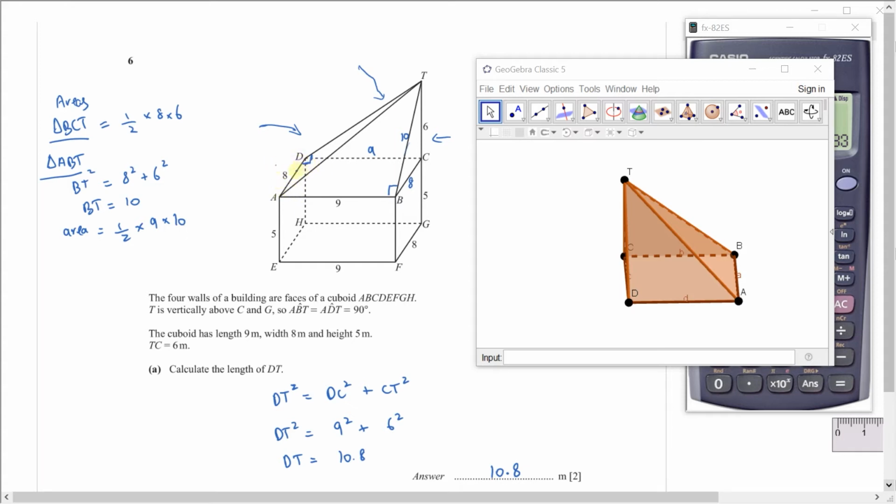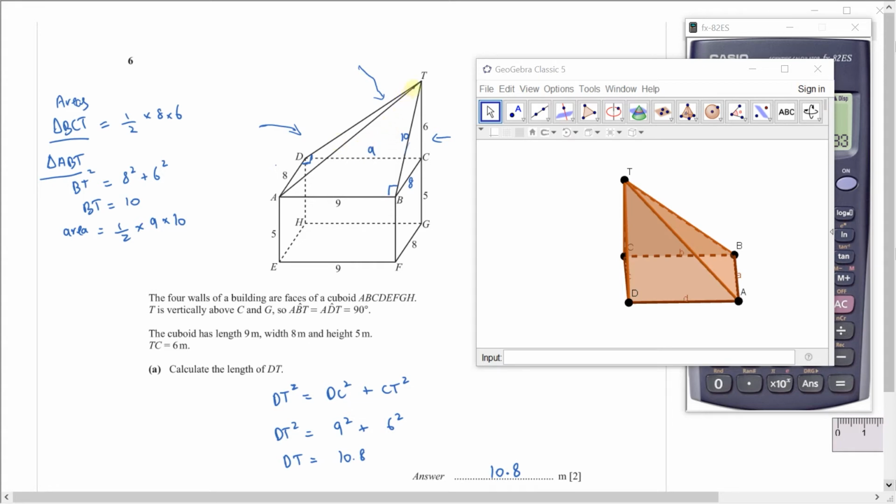So if I can calculate DT, I can calculate the area. I know AD, so I can simply multiply them and then divide by 2 to get the area, because DT will be the height and AD will be the base. So AD is known. To calculate DT, let's see.